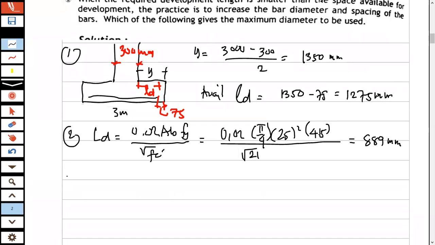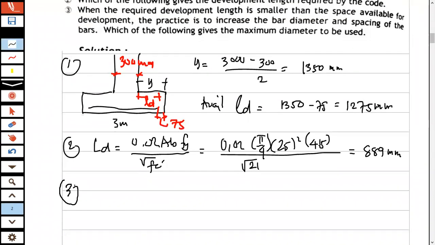Okay. So number 3, the question is, when the required development length is smaller than the space available for development, the practice is to increase the bar diameter. Kasi smaller siya, you just have to occupy the available length, but when you occupy it, there will be changes in the bar diameter, and then eventually changes of the spacing.